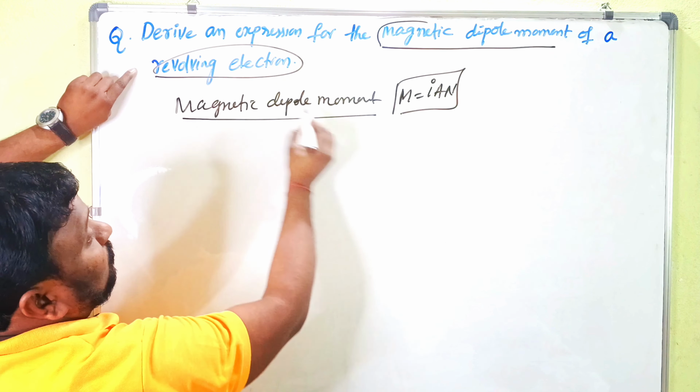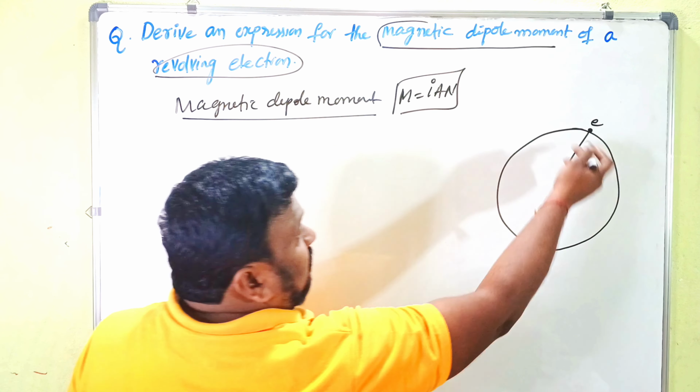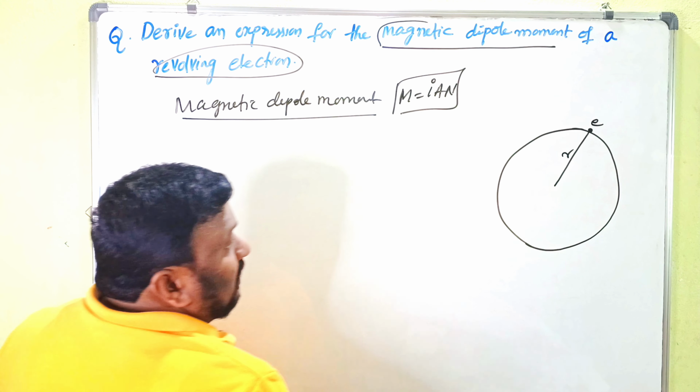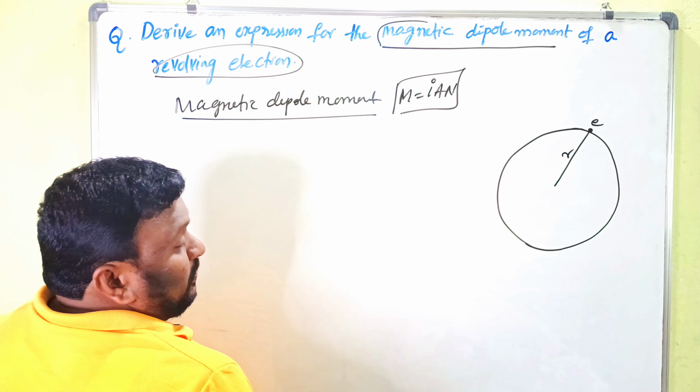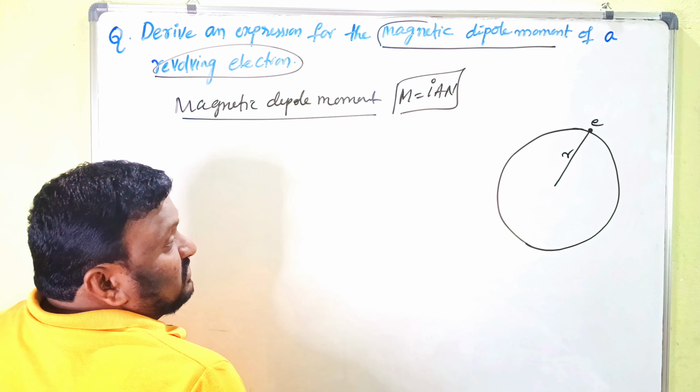For that, we can go for one assumption. We already know that electrons revolve around the positive nucleus. So let us consider the electron is revolving around the positive nucleus in a particular orbit of radius small r.